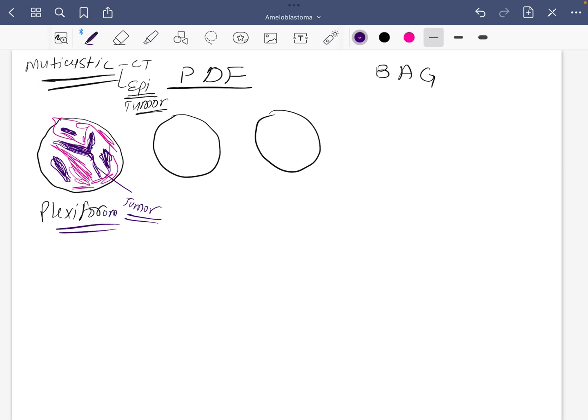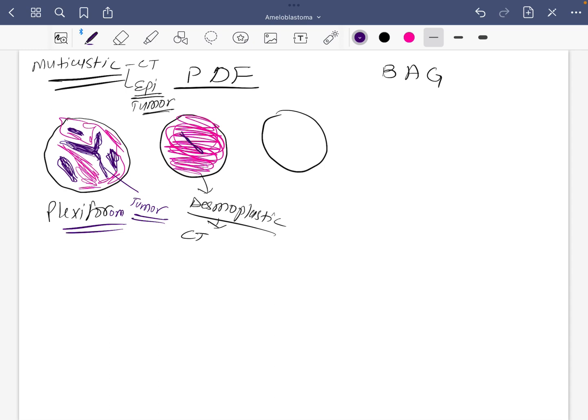In desmoplastic, you have an abundance of connective tissue. Desmoplasia means increased amount of connective tissue; your collagen fibers are way too much. These collagen fibers compress the tumor into thin straight lines. In follicular, you will see islands of tumor.